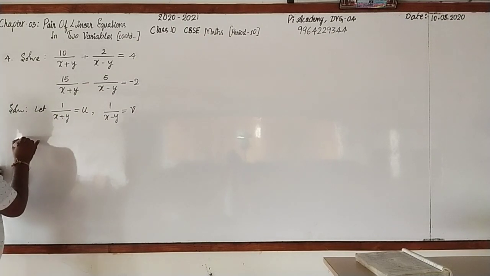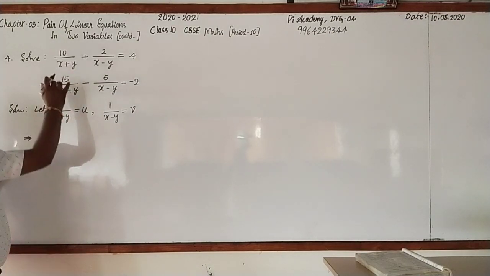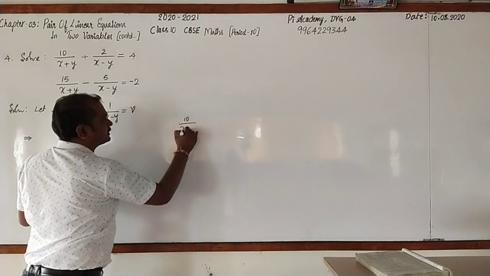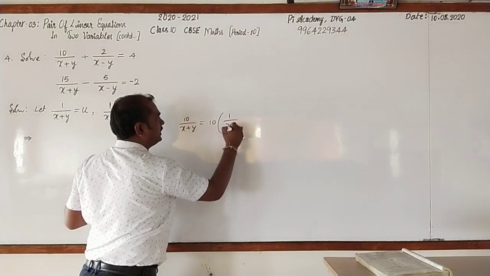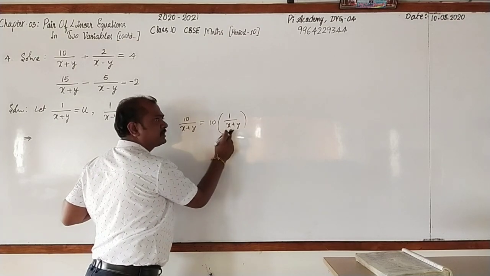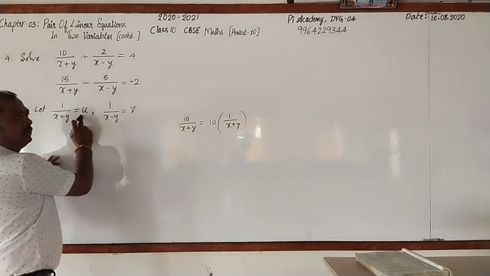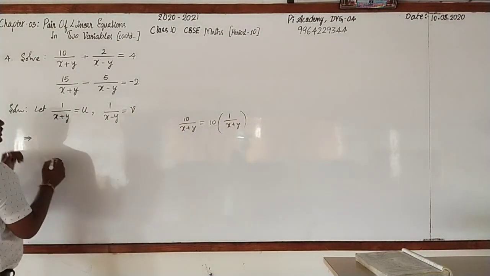Then how do you go for writing the first equation? See that here 10 by x plus y is there. This can be written as 10 into 1 by x plus y. But what is 1 by x plus y? It is u. So 10 into u, 10u.